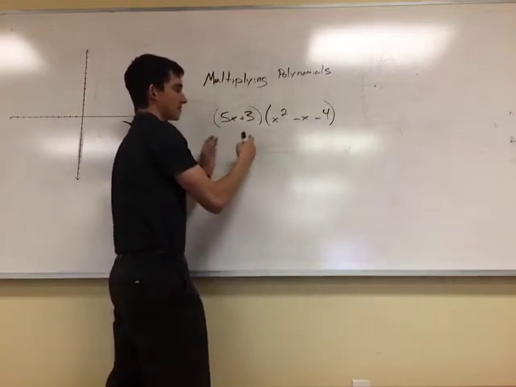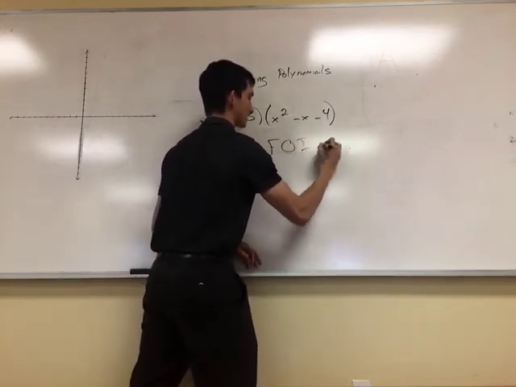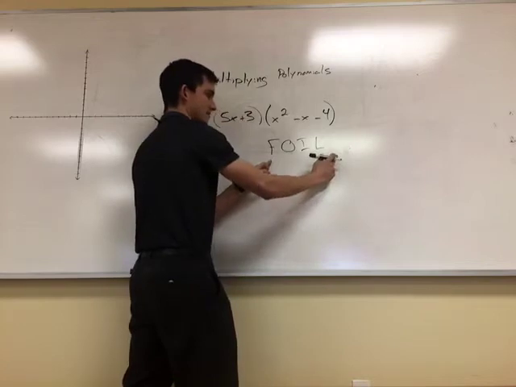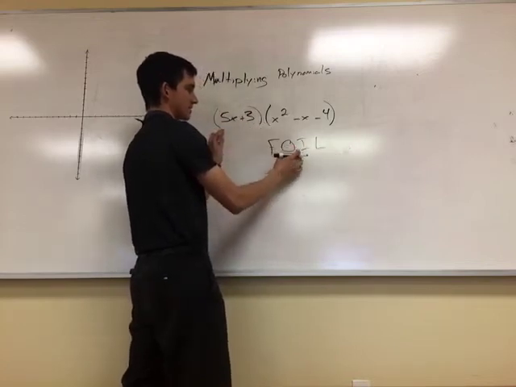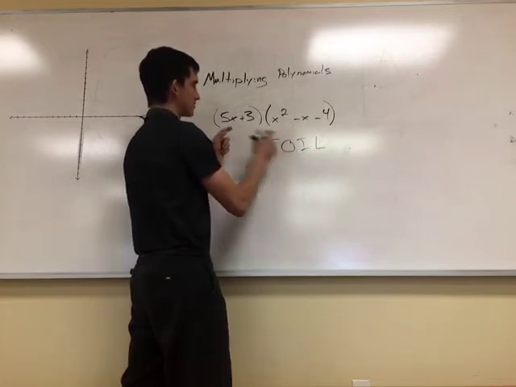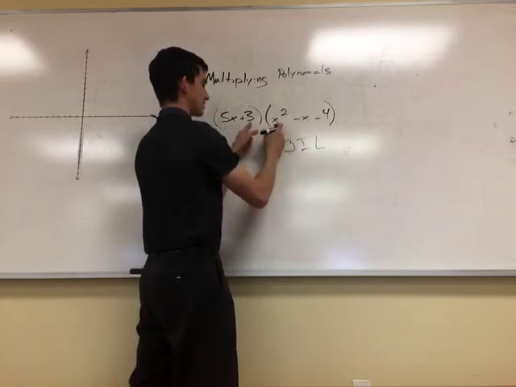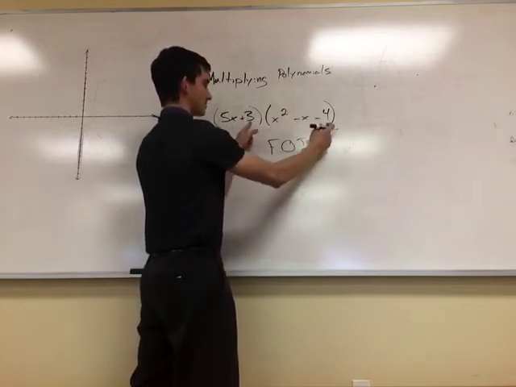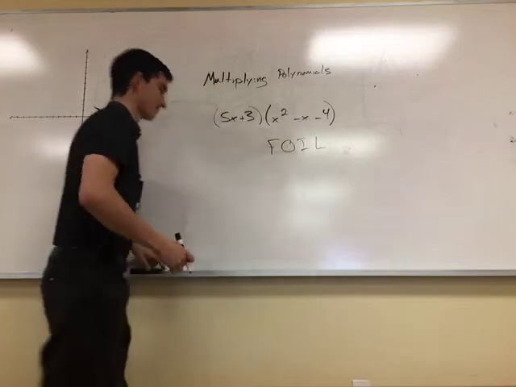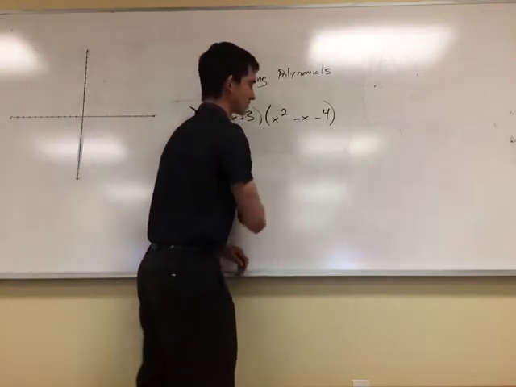You can't do a first, outer, inner, last with these, because if you do the first terms, the outer terms, the inner terms, and then the last terms, you skip this middle term. And that's why I don't usually like to teach FOIL.